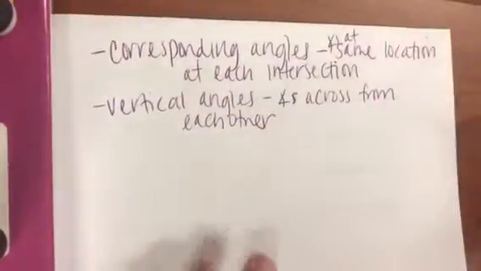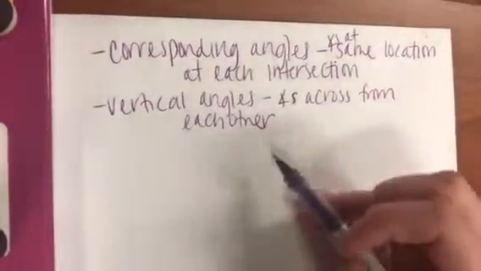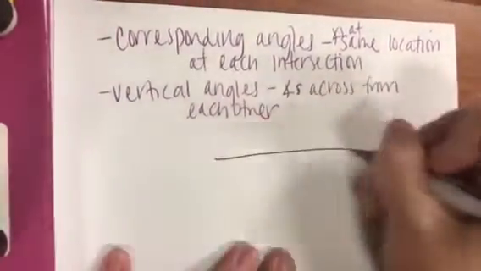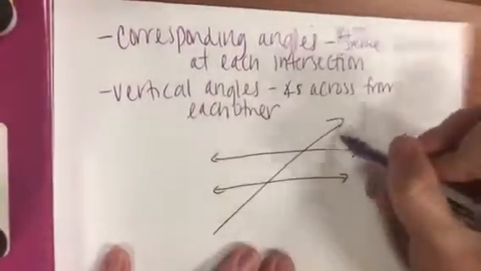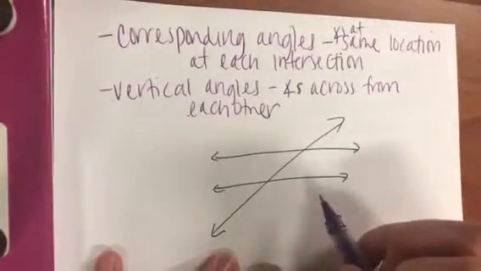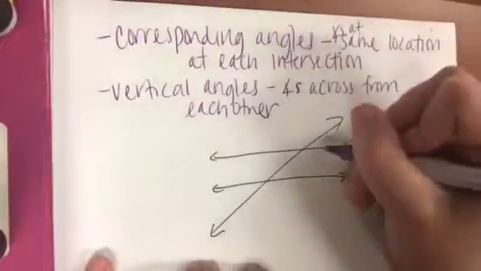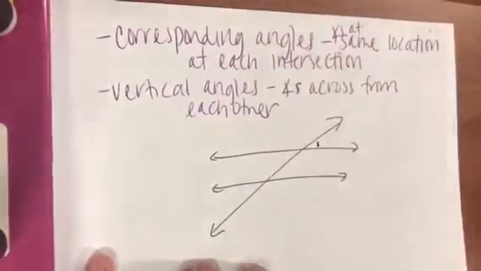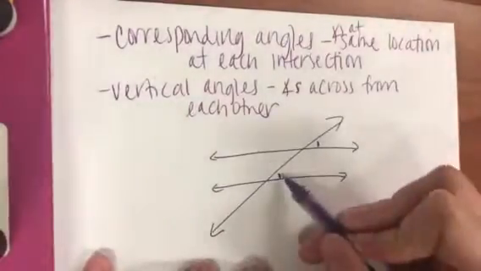Two more vocabulary words. Yes, you're going to have to write those down too. A corresponding angle is at the same location at each intersection. So if I have my parallel lines and my transversal, the corresponding angles would be the angles that are at the same place. So if I have this angle, the corresponding angle to that one is this angle, because it's in the exact same location.